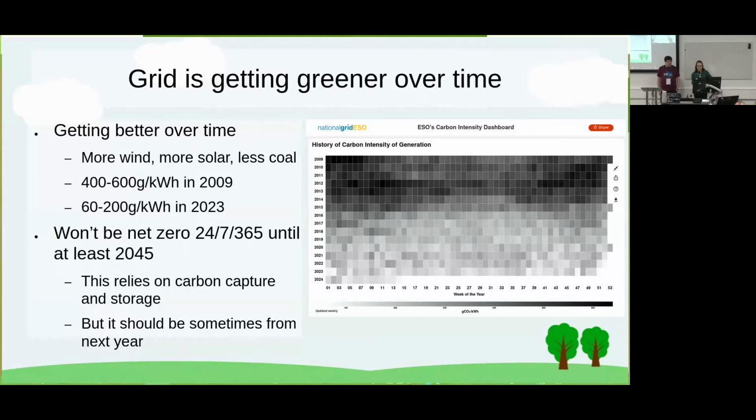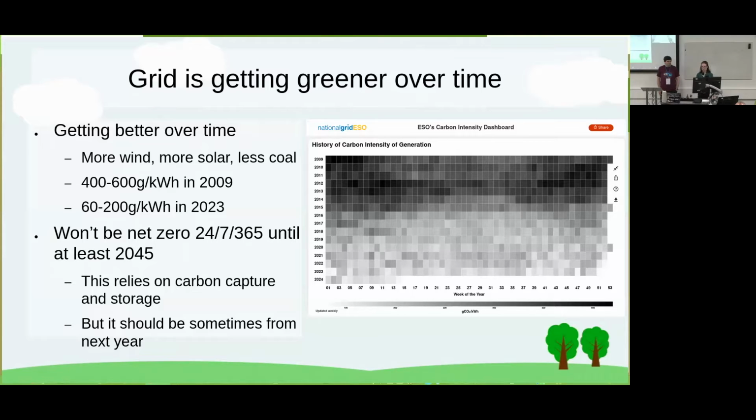But the darker the squares, the higher the carbon intensity in general. So you can see there's a general pattern that as the years go by, things are getting lower in terms of carbon intensity, and there'll be seasonal patterns and things like that as well that could be picked out, but I won't go into detail on those. So that's good news, and it means that we're using less dirty energy, less coal, and more renewables.